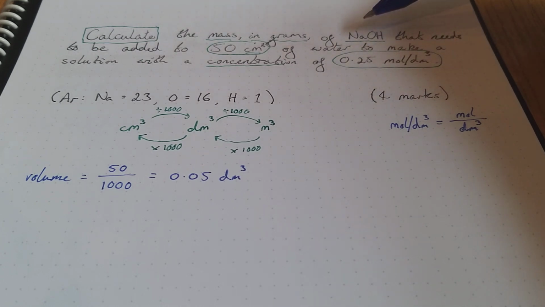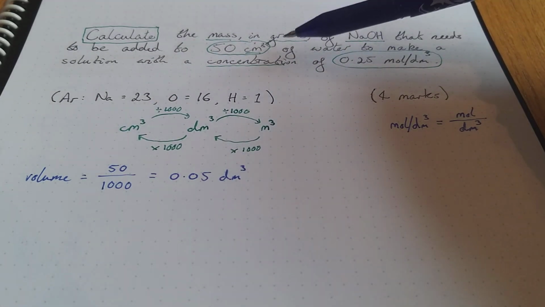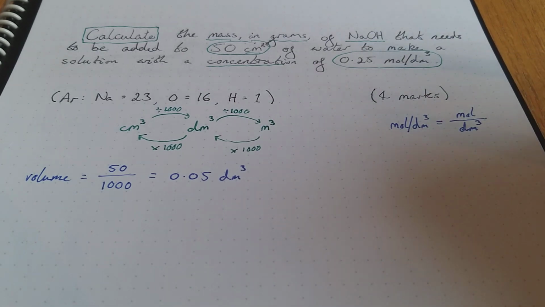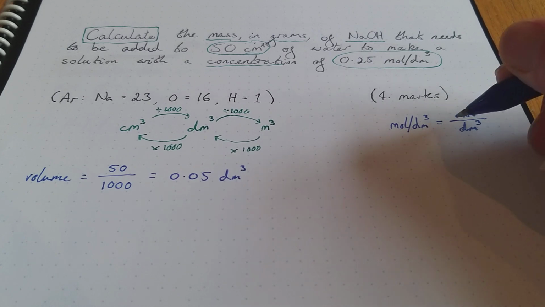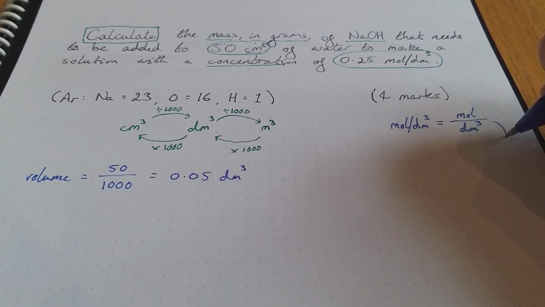Now in order to calculate the mass of grams in sodium hydroxide, we need to know the number of moles of sodium hydroxide. Now, in order to calculate the number of moles using the concentration and the volume, we need to rearrange our equation here. So we want to get the number of moles by itself. So we need to get rid of the dm cubed on this side. So at the moment we're dividing by dm cubed.